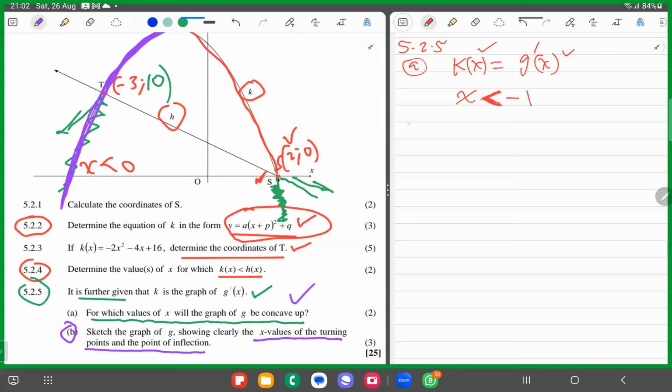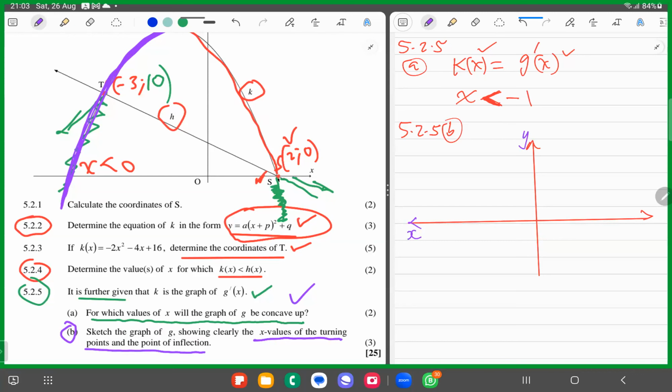We are looking at 5.2.5 part B. To sketch the graph, you have your Cartesian system, you have y and x.